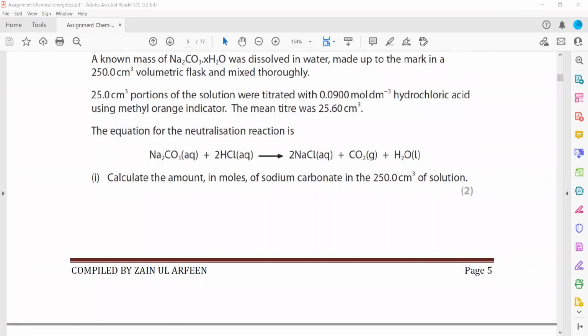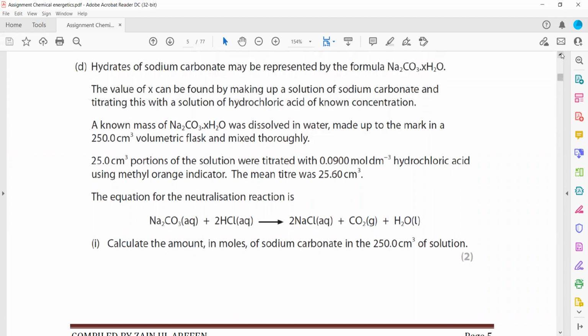So we have the formula. The hydrated sodium carbonate can be represented by the formula Na2CO3.XH2O, where the X value can be found by making up a solution of sodium carbonate and titrating with hydrochloric acid.